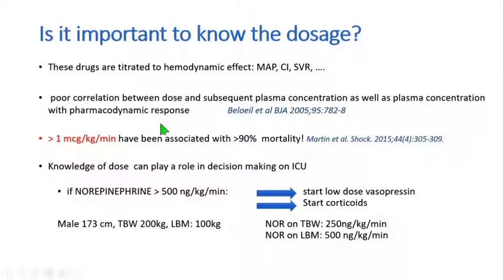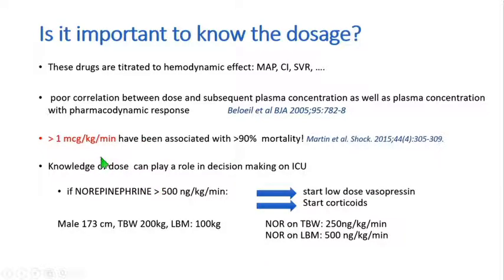Now, is it important to know the dosage of our vasoactive drugs in the morbidly obese? Because after all, you titrate these drugs according to the effect that you want. But we know from studies that there is a very poor correlation between the dose you give and the plasma concentration, and on top of that, even the plasma concentration and the clinical effect is poorly correlated.